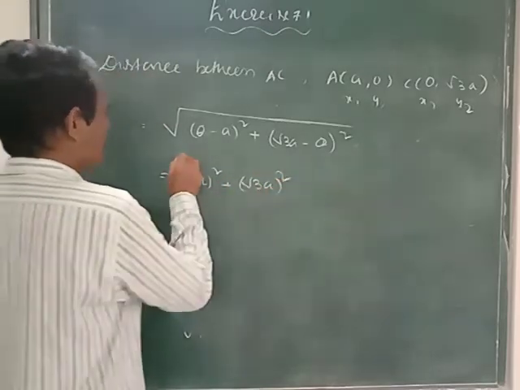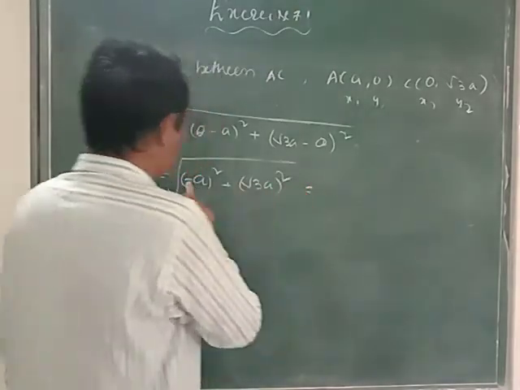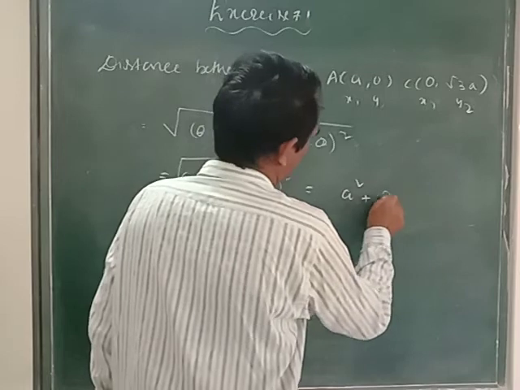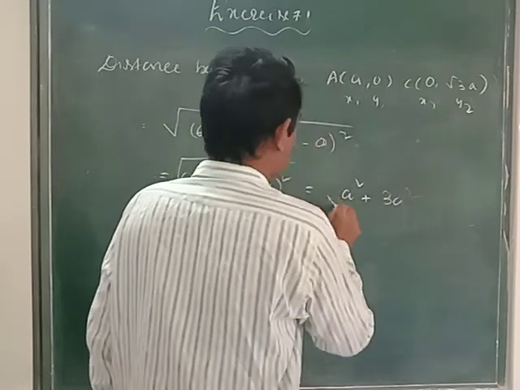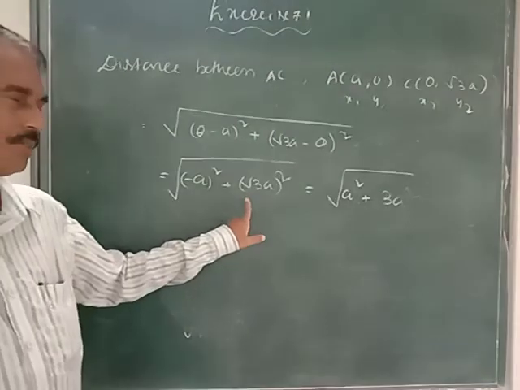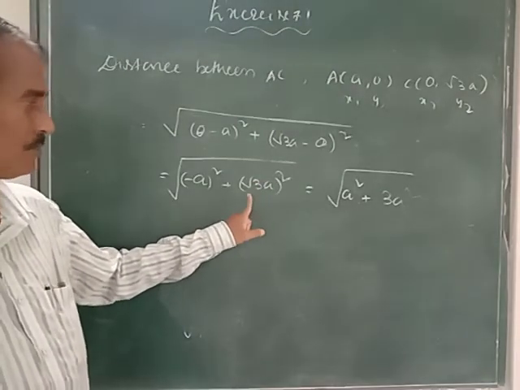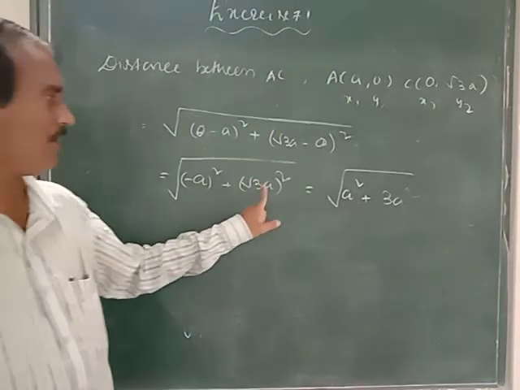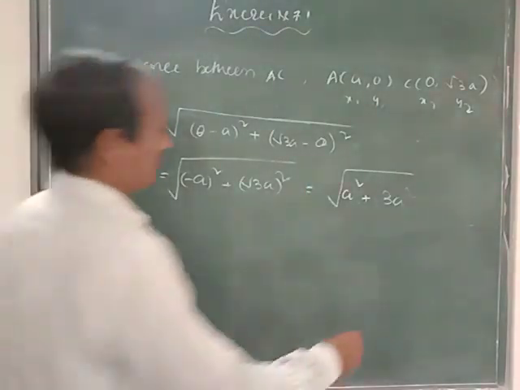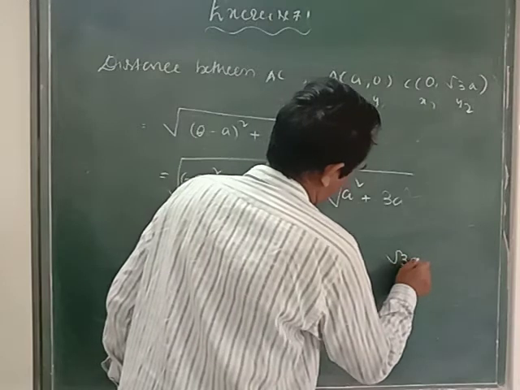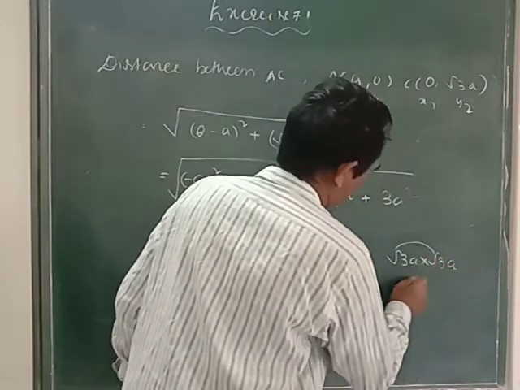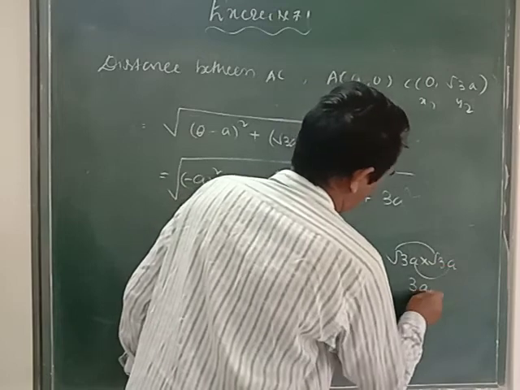That is minus a whole square plus root 3a whole square. Root over, don't forget that, root over. Minus a whole square means a square, plus 3a square. Why 3a square? Root 3 into root 3, whole square is 3. If you don't know, just do that, I will explain. Root 3a into root 3a: root 3 into root 3 is 3, a into a is a square, so 3a square.